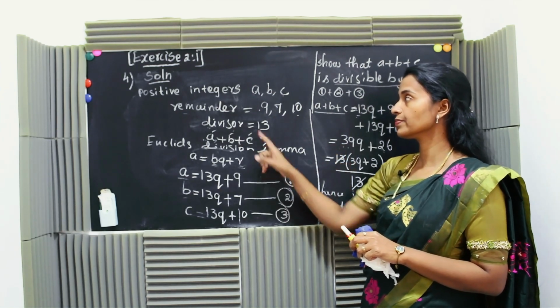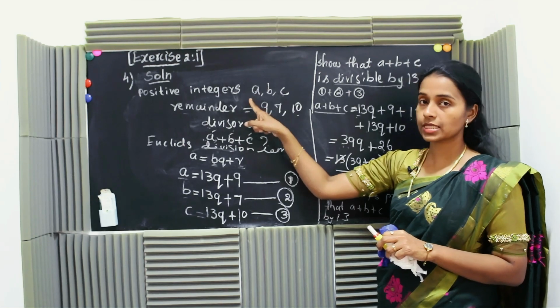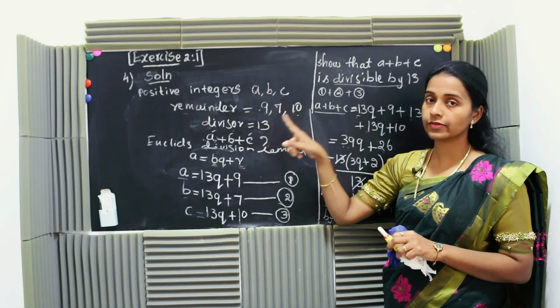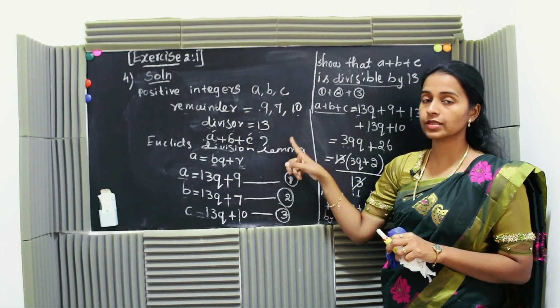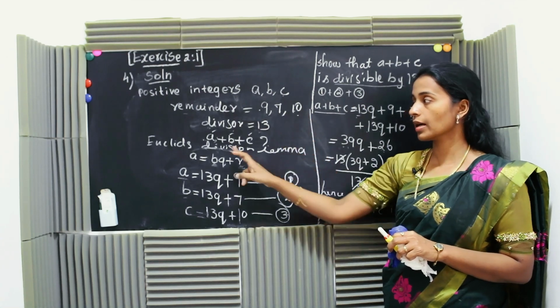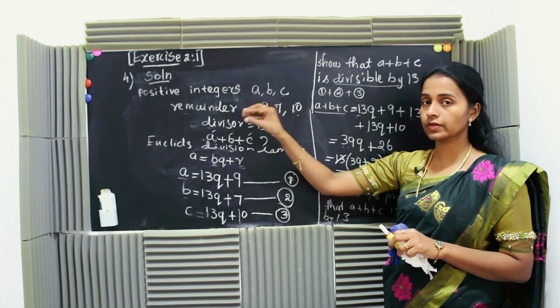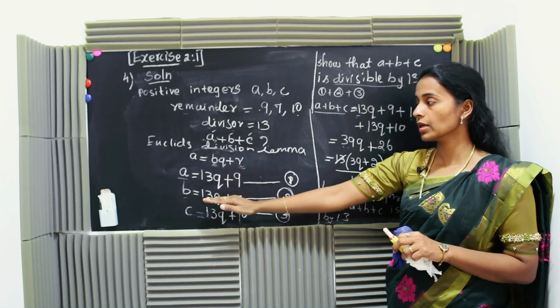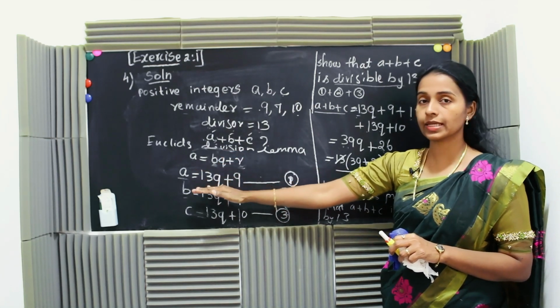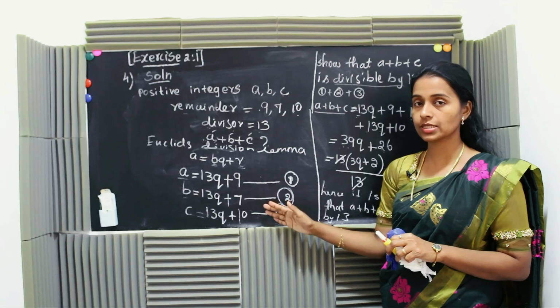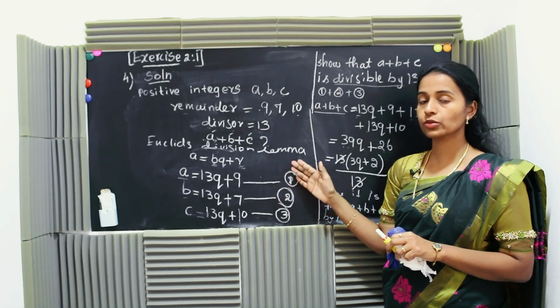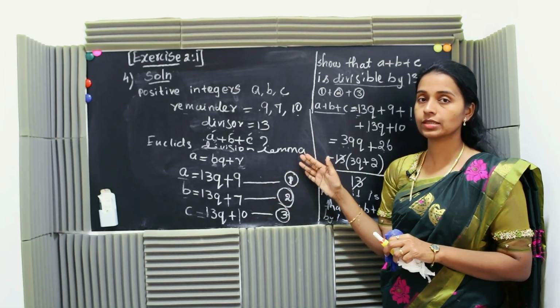So here, positive integers are given, remainders are given, and the divisor is also given, that is common for all. And we should apply all the values in Euclid's division lemma. After applying everything, I'll be getting the equations. And we need to add all the equations together.